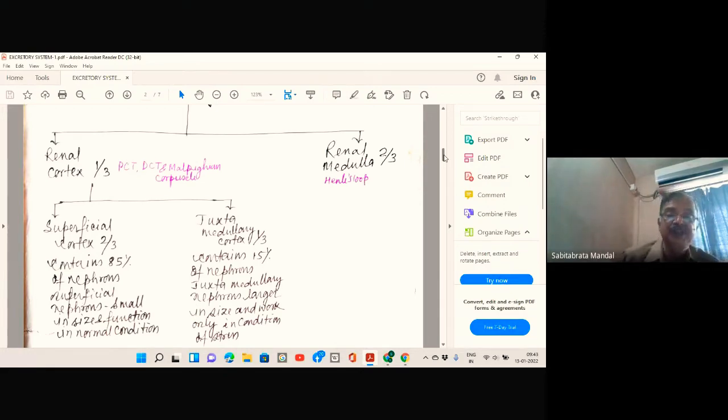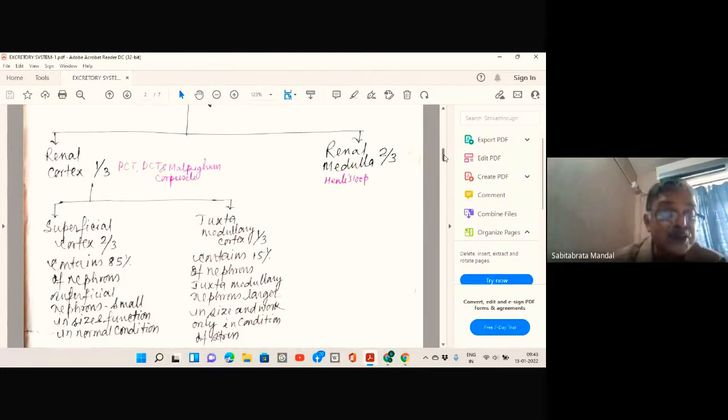It is 2/3 portion, and juxtamedullary cortex is the 1/3 part of the cortex. From the name, we should be able to understand that the outermost part of the renal cortex is the superficial cortex, which is around 2/3 of the cortex. And the juxtamedullary cortex is 1/3 of the cortex.